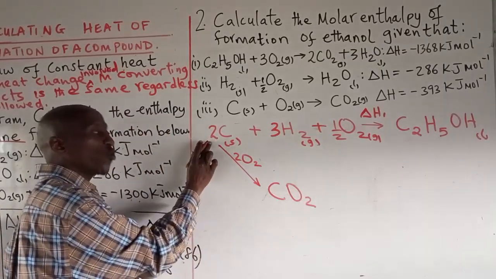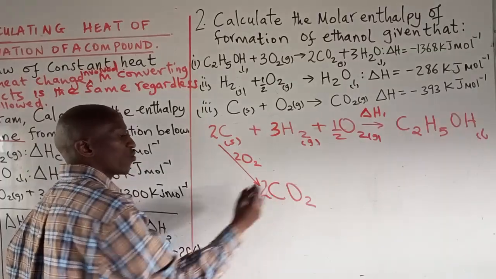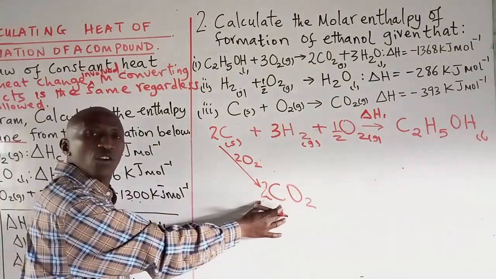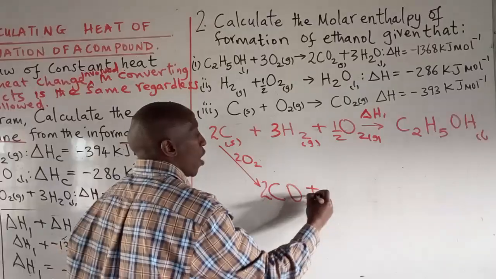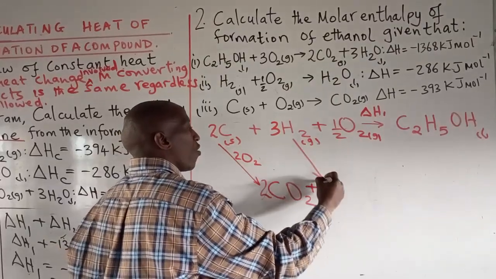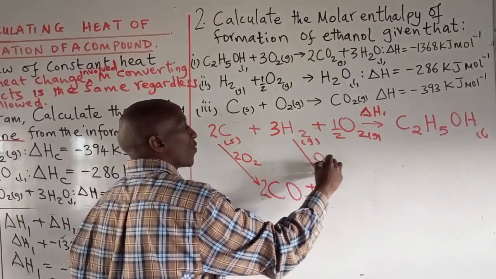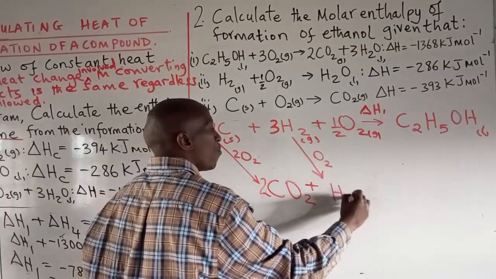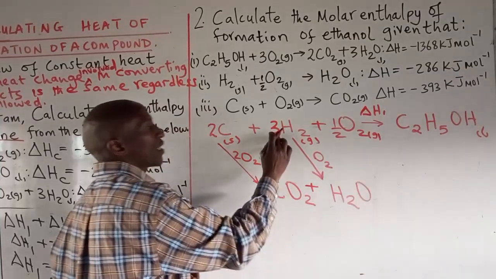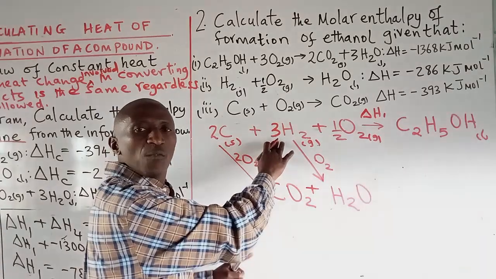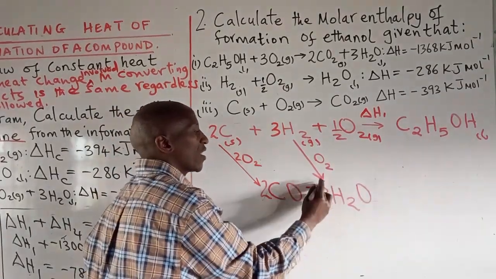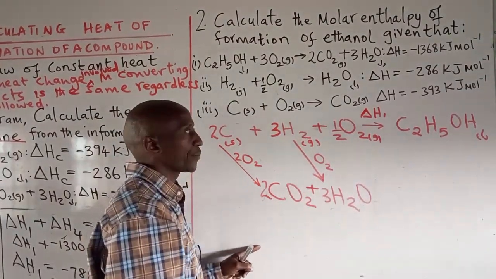And because we burnt 2, then we shall need to show the 2 moles of CO2. When we undertake combustion of hydrogen in the presence of oxygen, we shall form water. And because there are 3 moles of hydrogen, that will generate 3 moles of water.